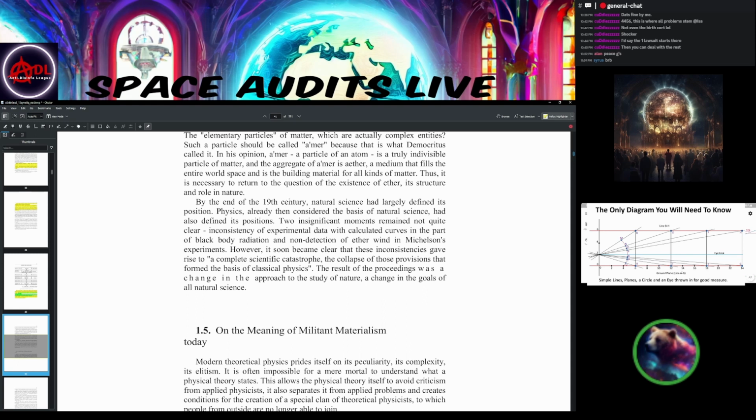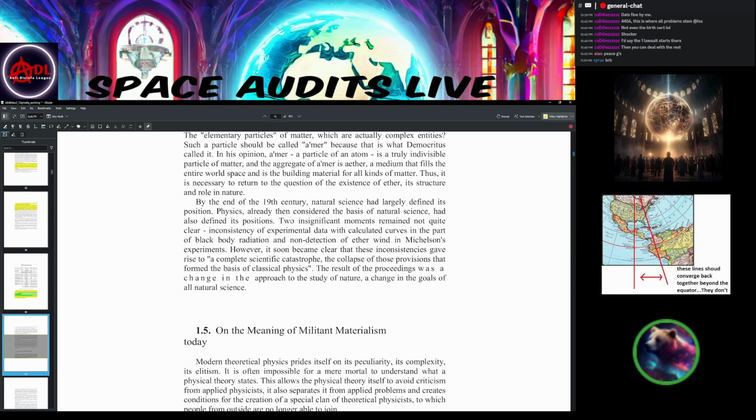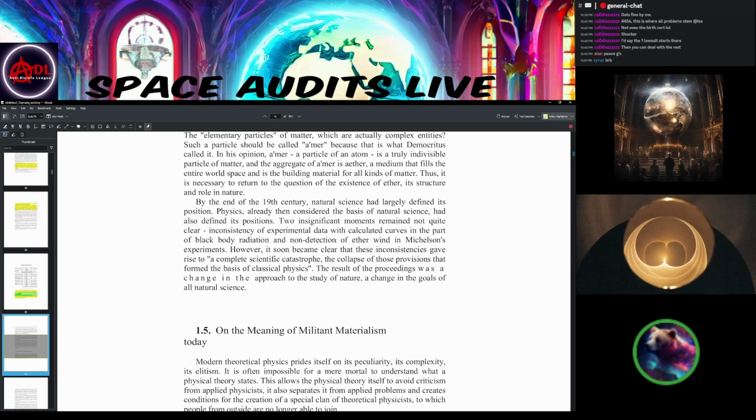By the end of the 19th century, natural science had largely defined its position. Physics already then considered the basis of natural science defined, though two significant moments remained not quite clear: the inconsistency of experimental data with calculated curves in the part of black body radiation, and the non-detection of the ether wind in the Michelson-Morley experiments.